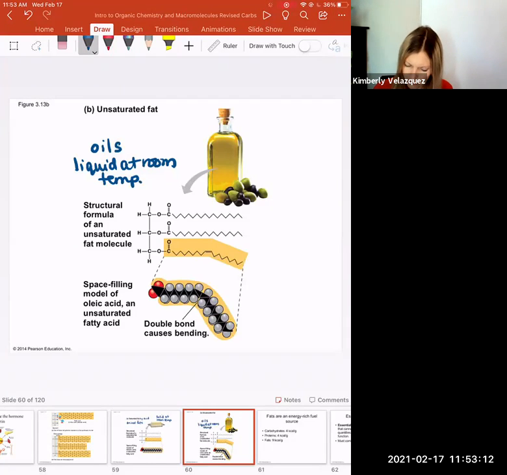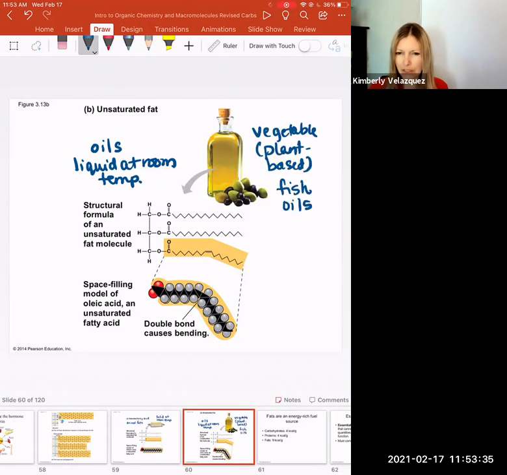The reason they're liquid is this bend in the chain doesn't allow them to clump together. So these tend to remain liquid at room temperature. So we usually think of these as being vegetable or plant-based oils. Anything that we call an oil really falls into this category.